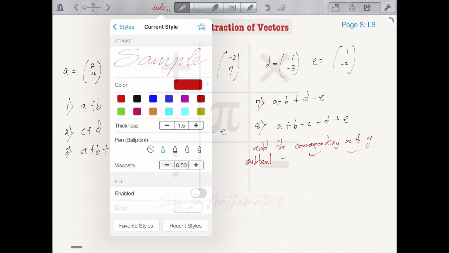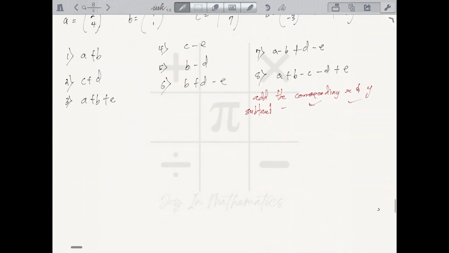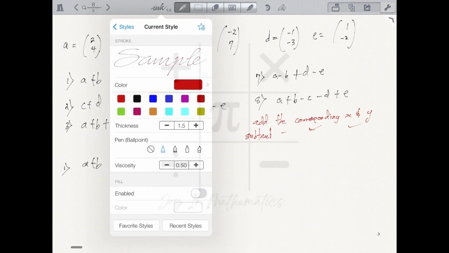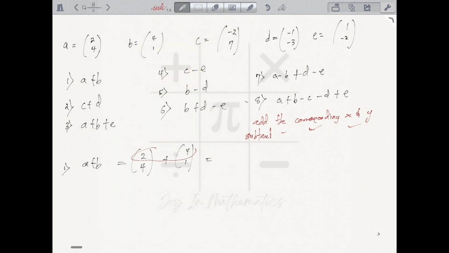So let's begin with question 1. A plus B. A, as we have seen, is (2, 4). There are 2 components on the x and 4 components on the y. And B is (4, 1), with 4 components on the x and 1 component on the y. So when we add the 2 vectors together, we add the x values.